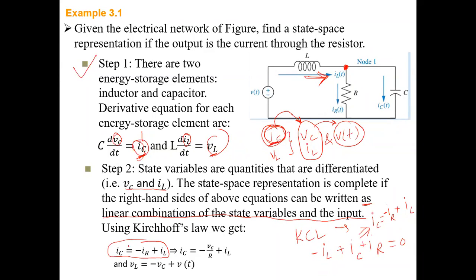But our goal is to write IC in terms of VC and IL. IL is good, we found IL. So how do you convert this guy to VC now? So what is the relationship between IR and VC?